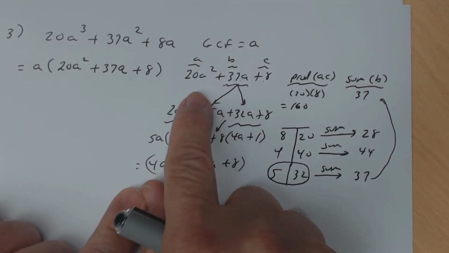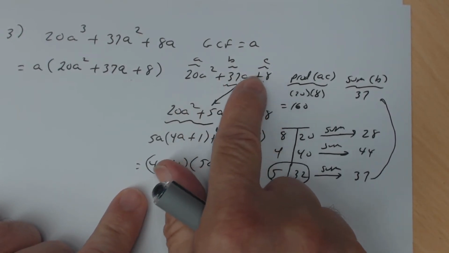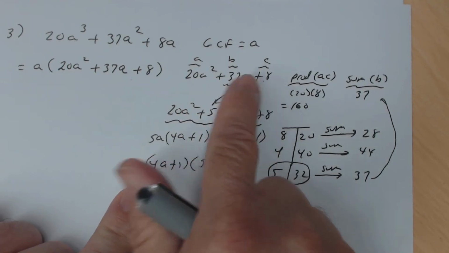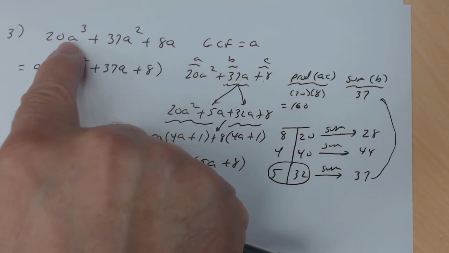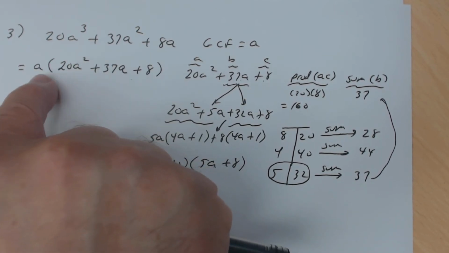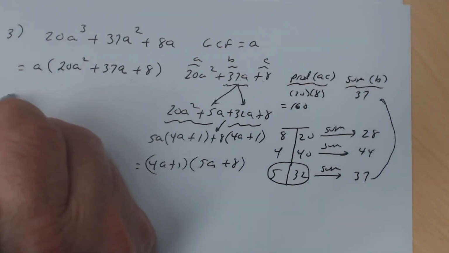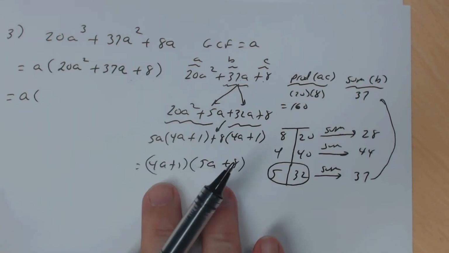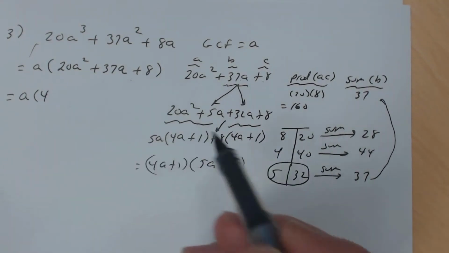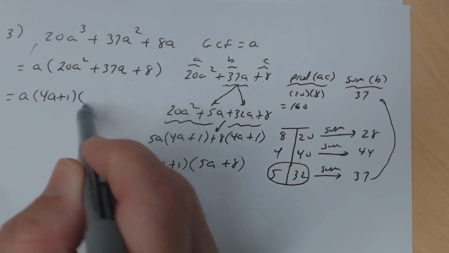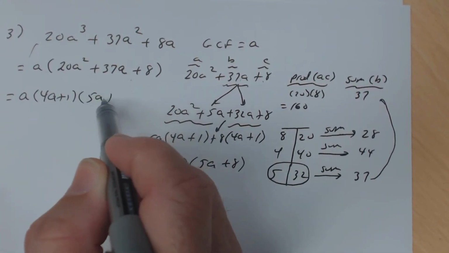That's the answer if I asked you just to factor this. But we needed to factor this. So remember, we pulled out the GCF, a, so that's got to be in the answer. So the answer then will be a times these two binomials, 4a plus 1 times 5a plus 8.